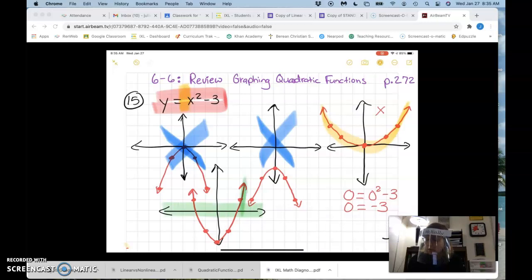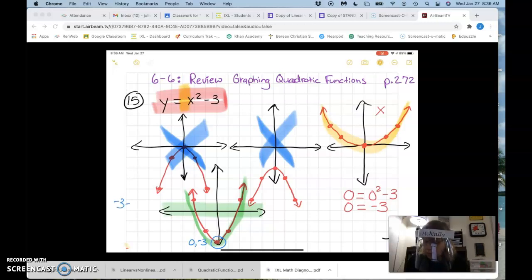So this is the one we're going to look at right now. We're going to plug in some of these points. Let's do this one down here, which is 0 and negative 3. So 0 and negative 3. I'm going to put 0 in for x, be careful of that, and negative 3 in for y.